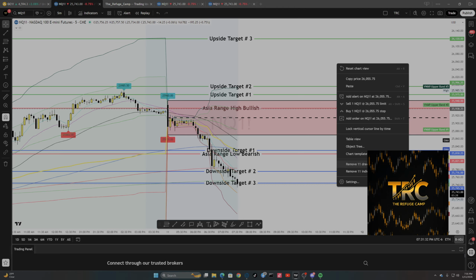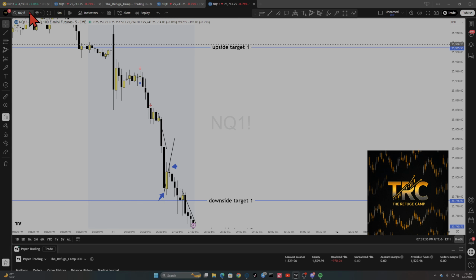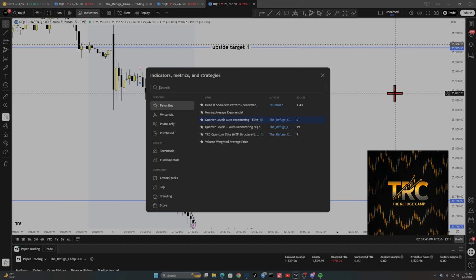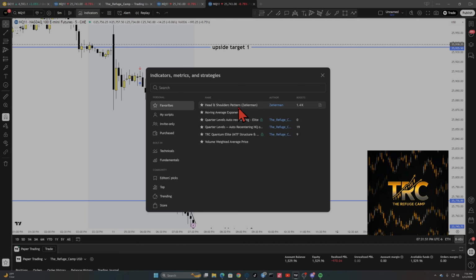So we'll get rid of all this crap. Actually, we'll just open this chart and we will put an indicator that I built on this chart that does exactly that.